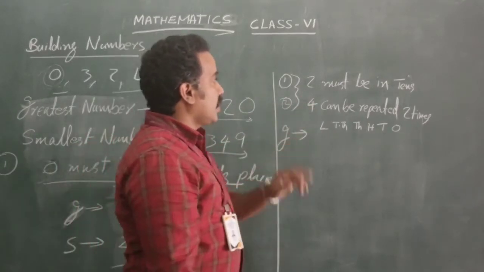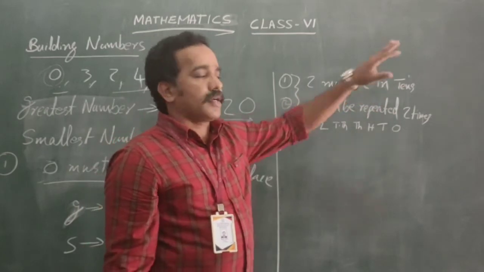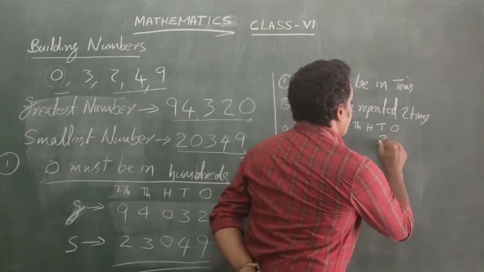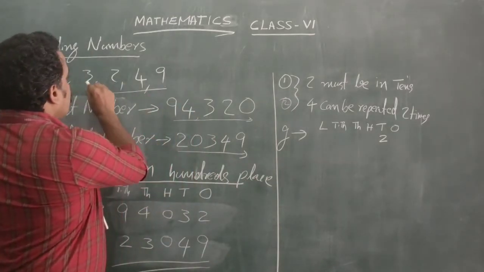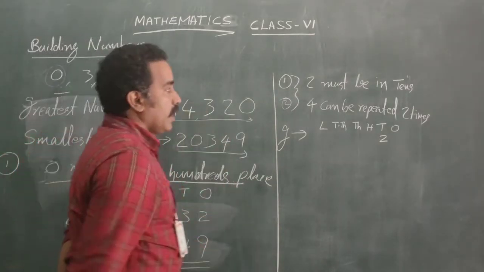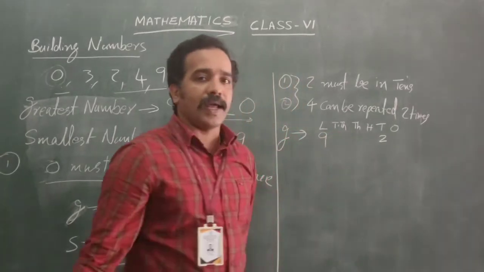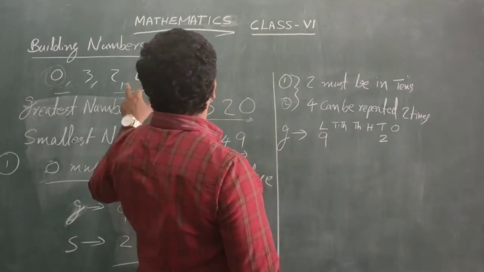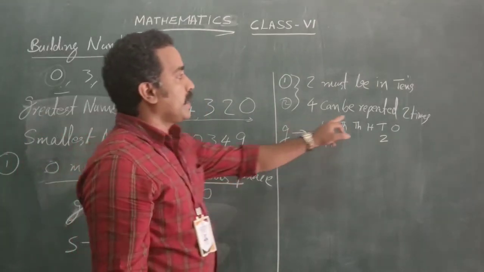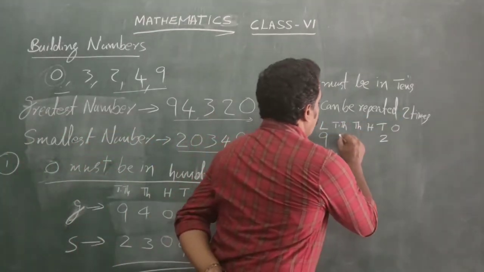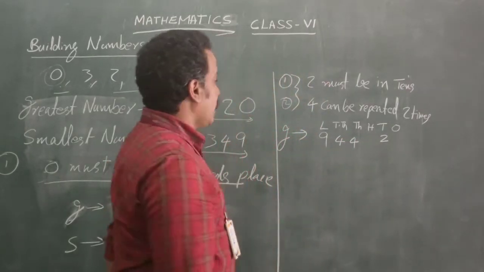So for the greatest number, 2 must be in tens place. Here 2 you can write. Remaining digits 0, 3, 4, 9. Among that 9 will be here in the lakhs place, and next smaller digit is 4. So 4 can be repeated 2 times, so there you can repeat 4 two times.